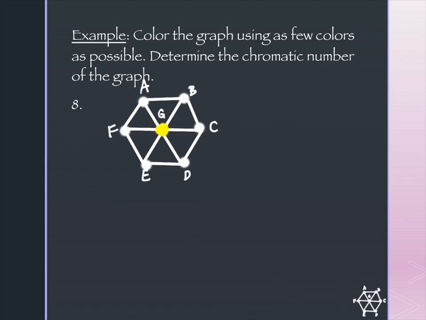No. Every other point on the graph is connected to G by an edge, right? So I really am done with the yellow color. Does that make sense? So don't just assume you're done. Here we were, but we're not going to be after the next one.